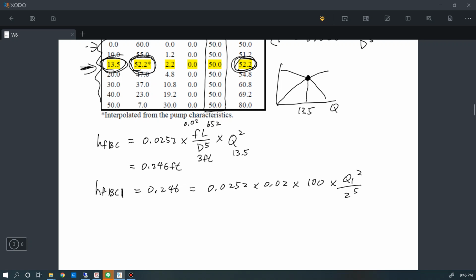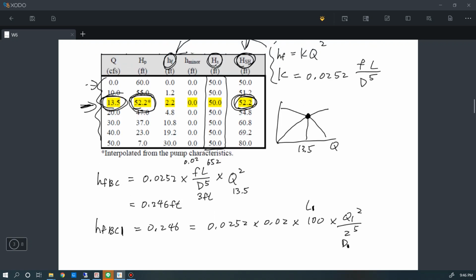This 100 is the length in branch 1, and this 2 is the diameter for branch 1. Okay, and this is just the equation here.